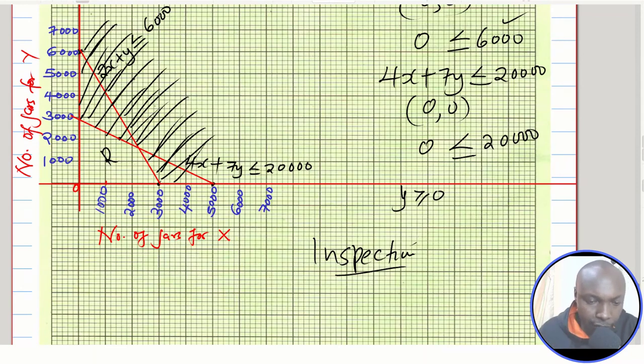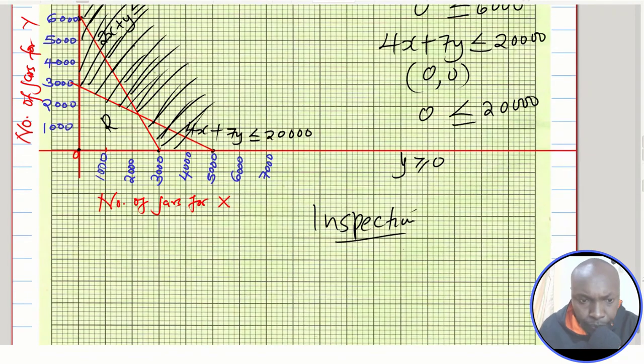We have several. One is the origin, 0, 0. We also have 0, 3,000. You can see these. So one is 0, 0, and then the other one is 0, 3,000.